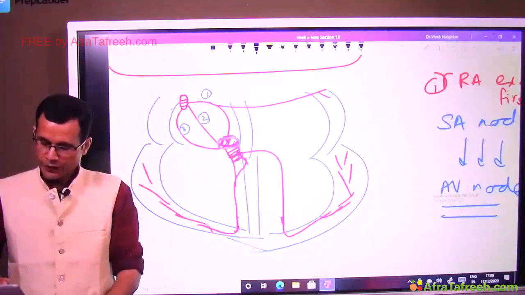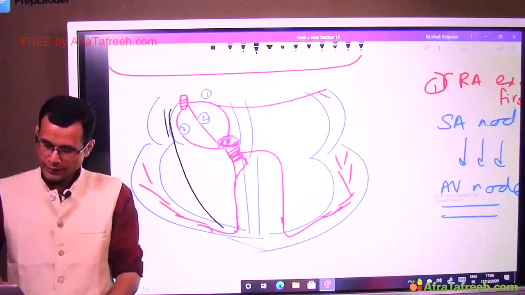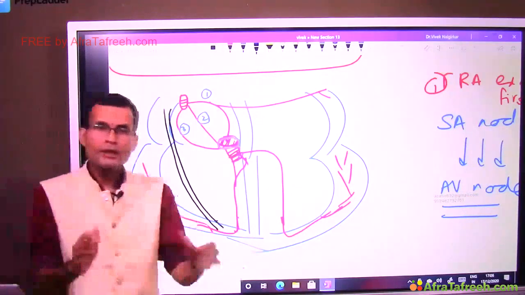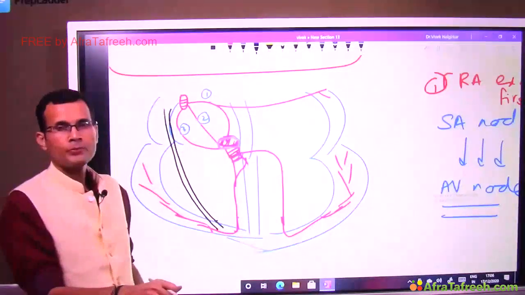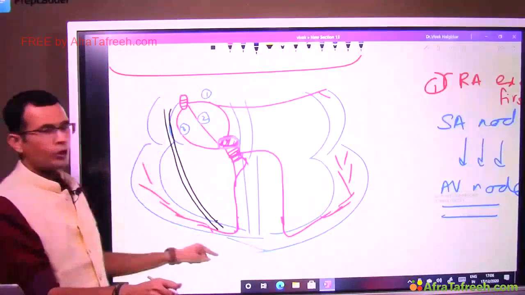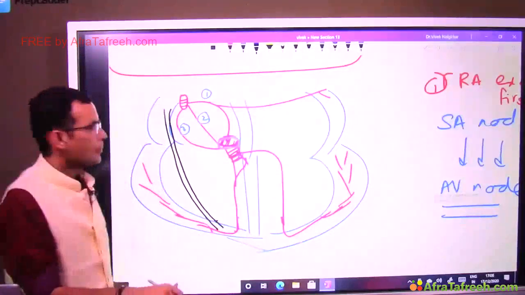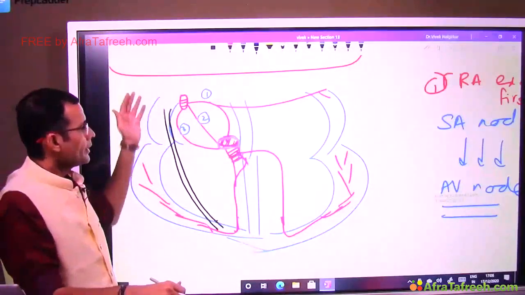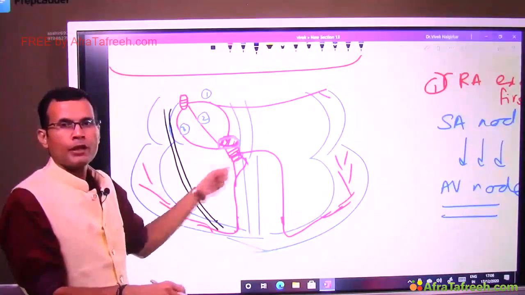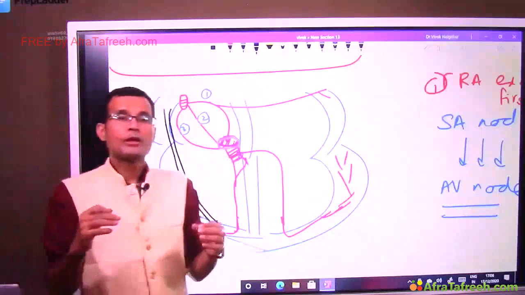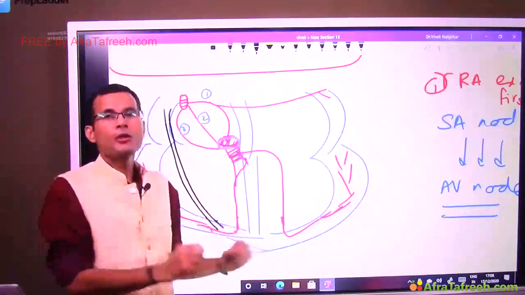See, atria connected directly to the ventricles means bypassing the AV node. This is just a representative diagram. It connects atrium directly to the ventricle, bypassing the AV node. And therefore, there is no AV nodal delay.